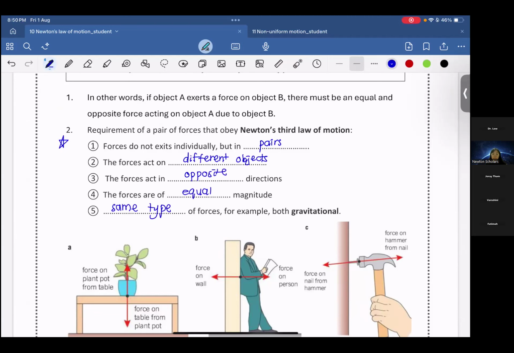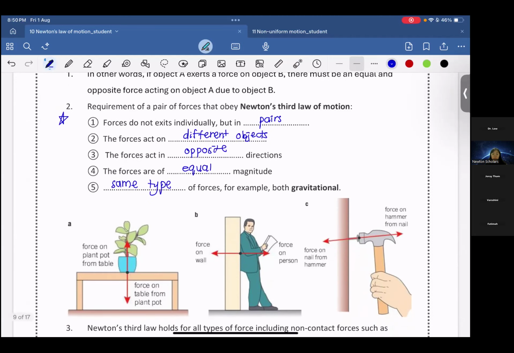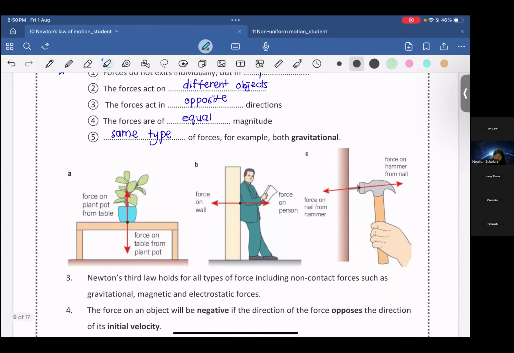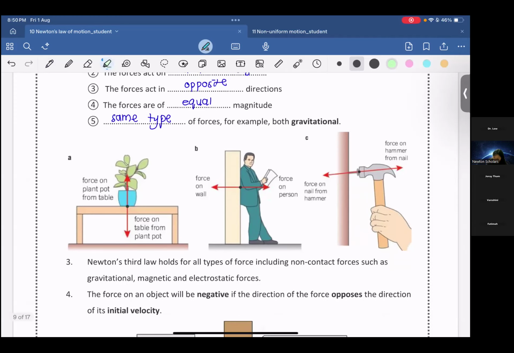Okay, here we look at some examples. Highlighter here. This one involves two objects. You see, the pot is object A, then the table is object B. Then the wall is object A, the person is object B. Here, the nail and the hammer are object A, object B. So Newton's third law involves two objects.